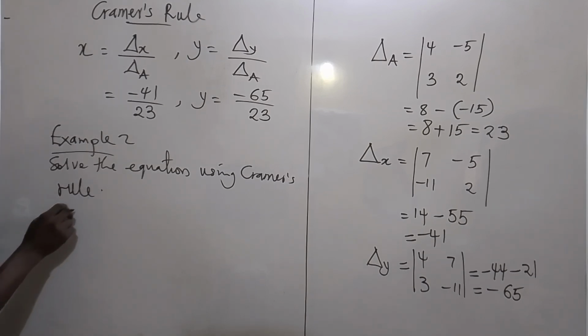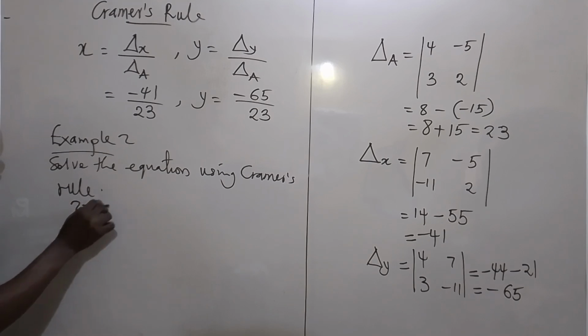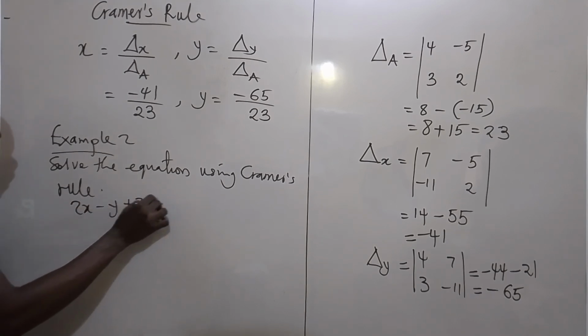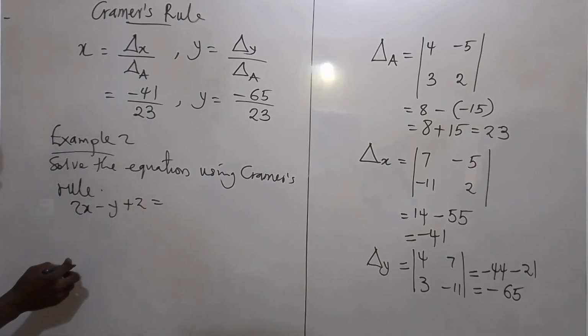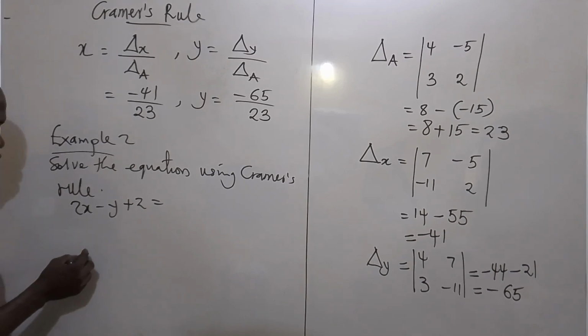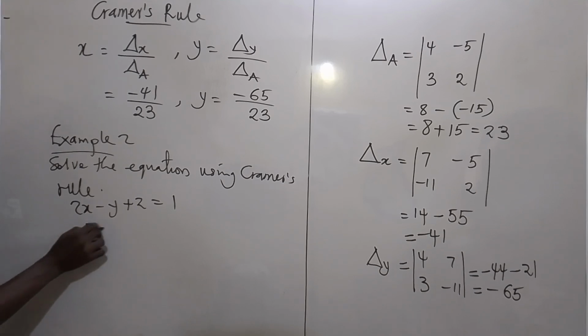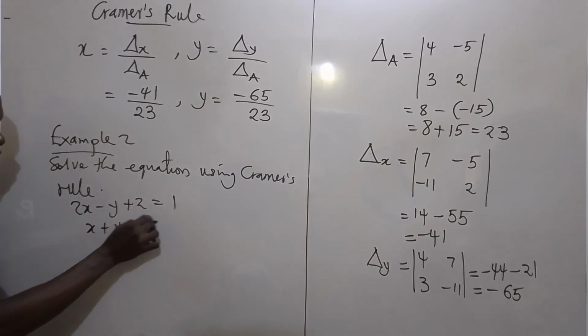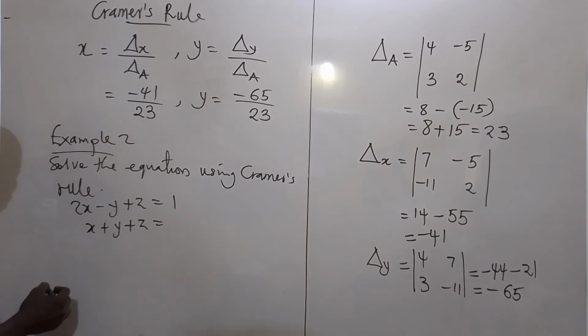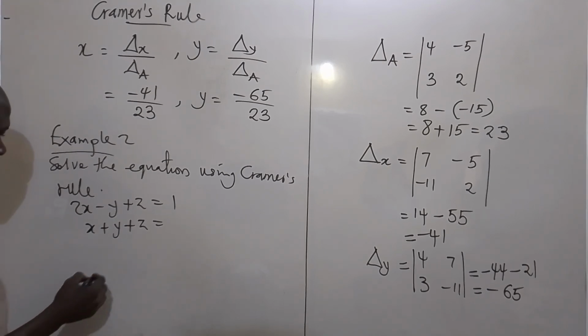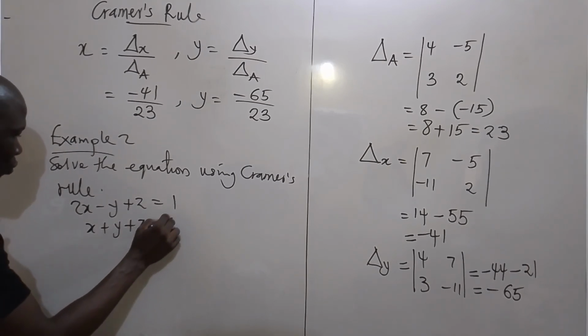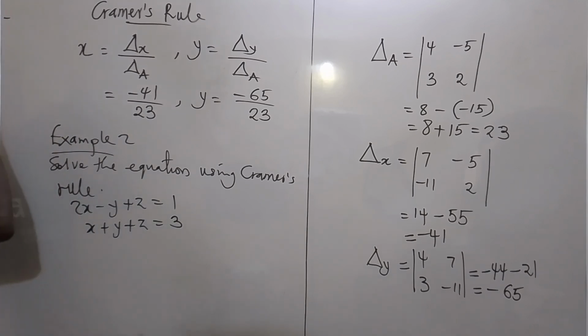So using Cramer's rule, we want to have 2x minus y plus z equal to 1. Then x plus y plus z, let's say this is 3.